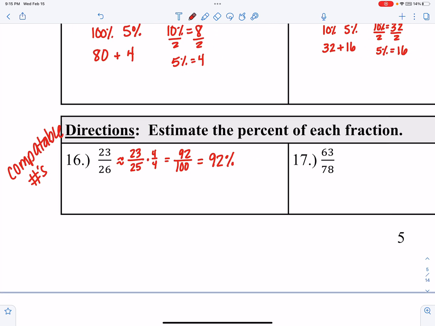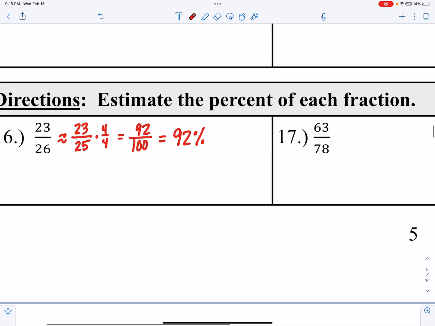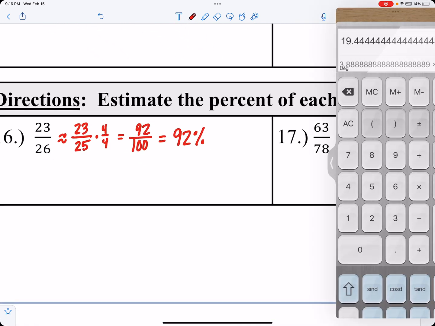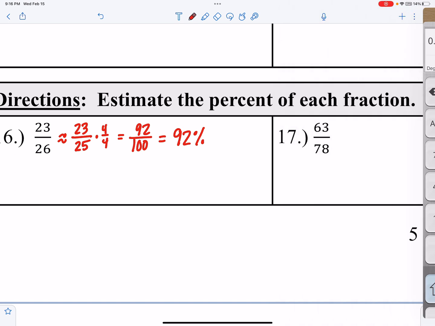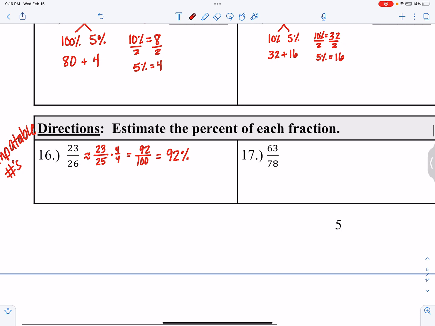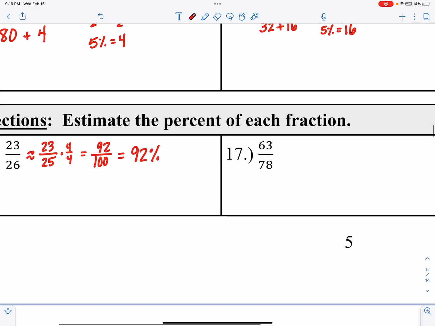Okay. And so let's go ahead and just see how close we were to this. So we'll do the actual 23 divided by 26. And you can see we get 0.88. So that would have, if we multiply by 100, been 88%. Okay, and so 92 is pretty close estimation. Okay, done without a calculator too.